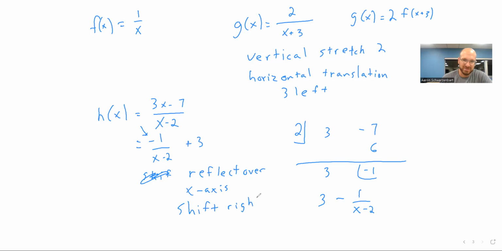For the minus 2 is right 2, up 3 for the plus 3. And that's that graph. Okay, that is example 2 from 2.6. Let's take a look at example 3 pretty briefly.